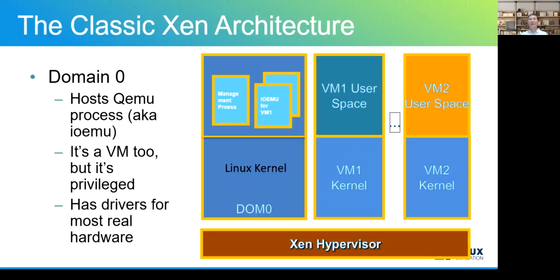For example, there is an IO process for each VM to do device emulation. And usually, we only let domain 0 see the real hardware. All other VMs only see the emulated fake devices.